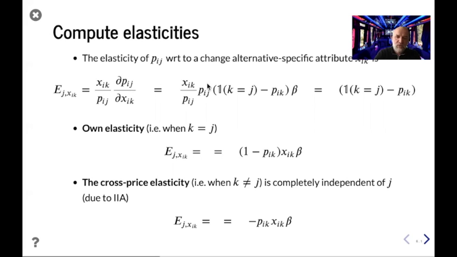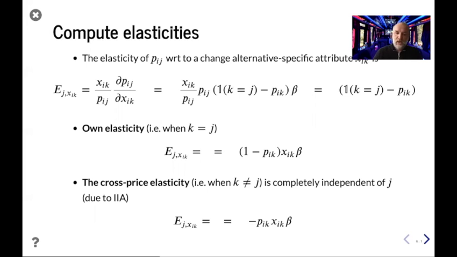We calculated that before, so I'm just multiplying with this ratio in front of it, and then what you see is that it actually reduces, because the probability of the alternative you're analyzing is completely dropping out. And this means that there's no variation across the alternatives in the cross elasticities. They're going to only depend on the attribute you're changing, not the outcome variable that you're looking at.